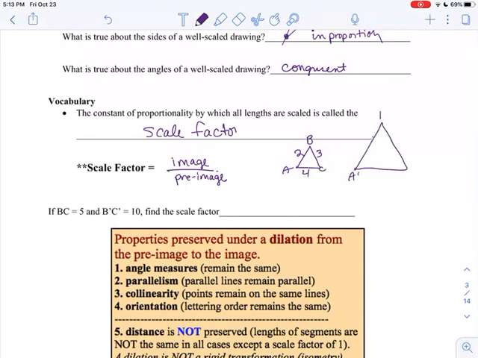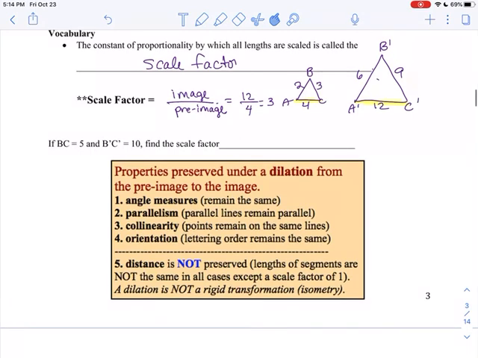So if I have a figure and these sides are 2, 3, and 4, and this is my original right here, and then I have a new figure and my sides are, let's say, 6, 9, and 12. Take any side, I don't care which one, take the image and then put it over the pre-image. Just make sure you're taking matching sides. So the image is 12, the pre-image is 4. So I have a scale factor of 3. Every side is 3 times as big.